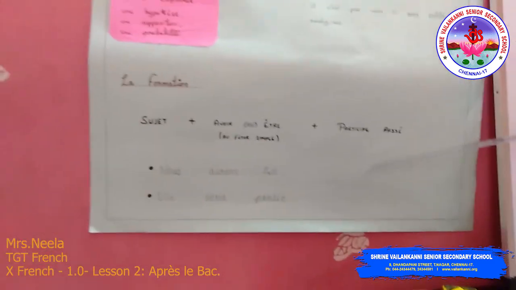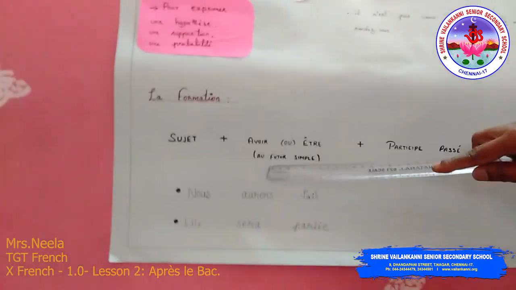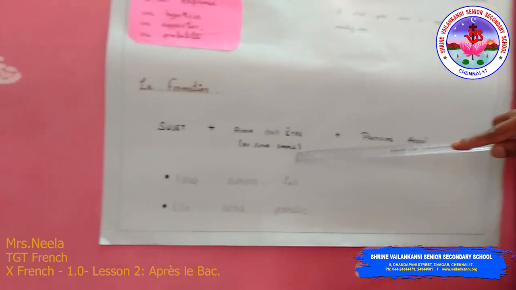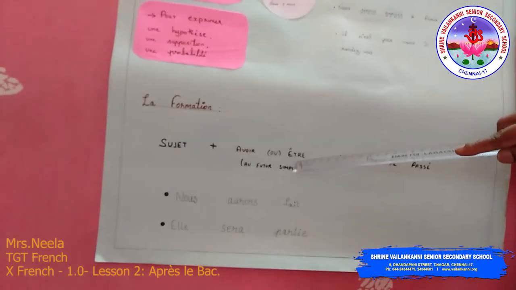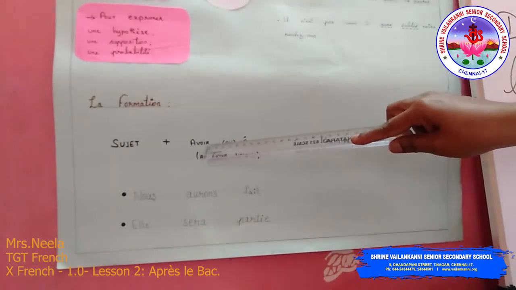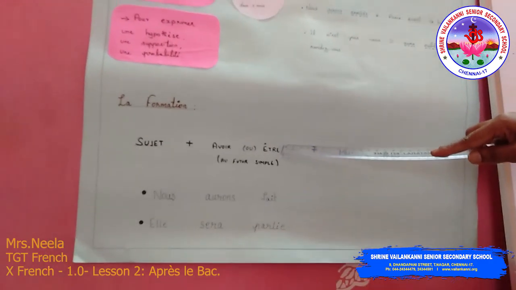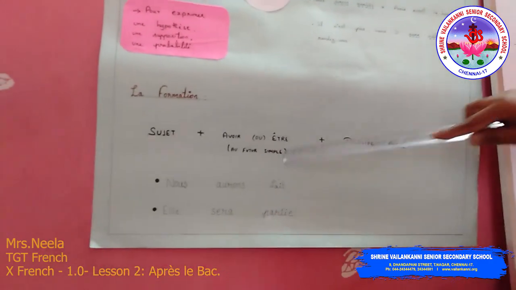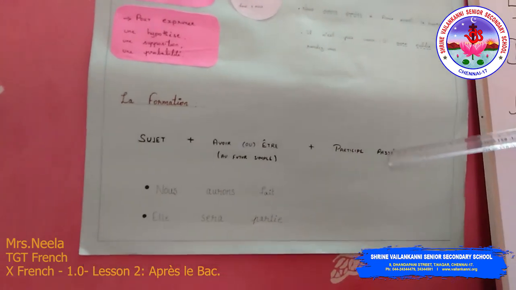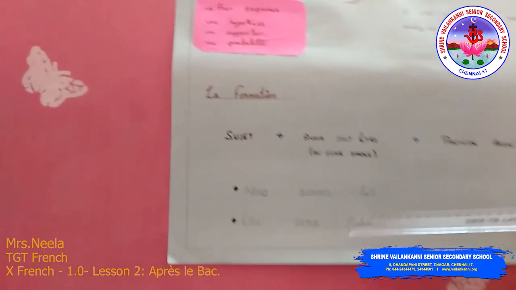The same format is used in passé composé, except for one particular thing: the futur simple. This is the part where you need to pay attention. After the sujet you write avoir or être, the auxiliary verb, in futur simple plus participe passé. Very easy, right? We will see the examples.